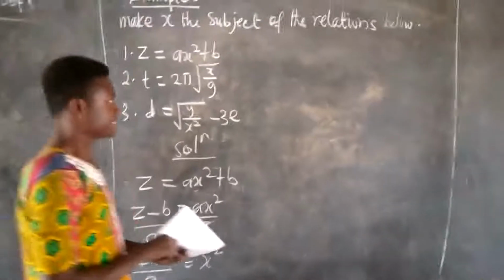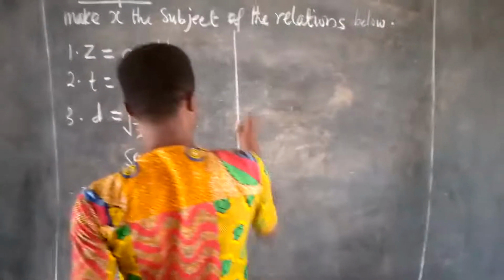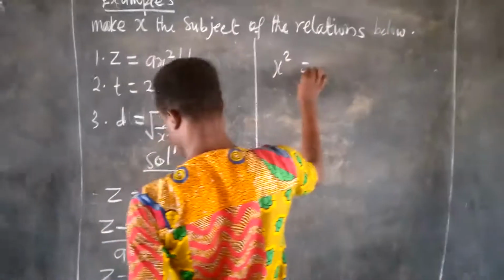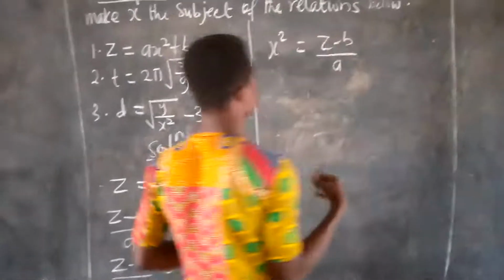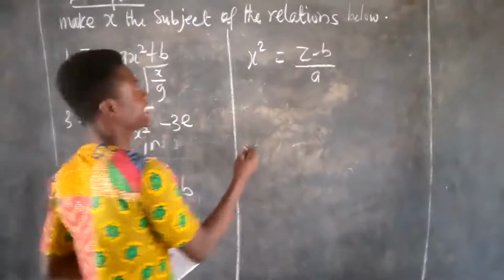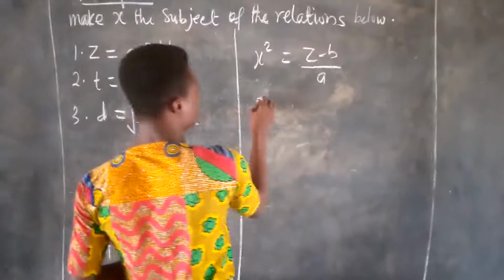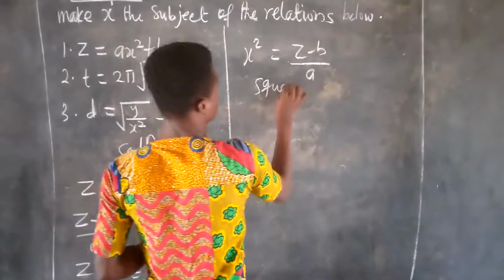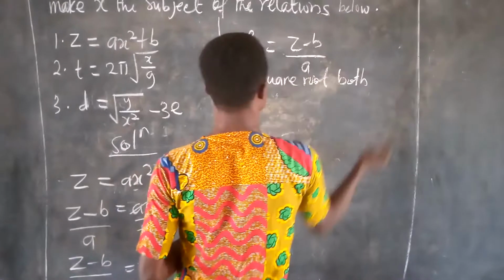But in the question, they asked us to make x the subject, not x squared the subject. So you can say x squared is equal to z minus b on a. So you are not right yet. Here is very important: we square root both sides of the equation.